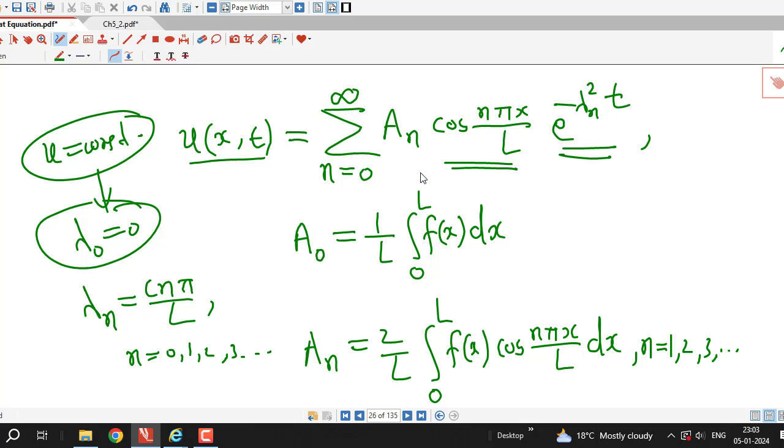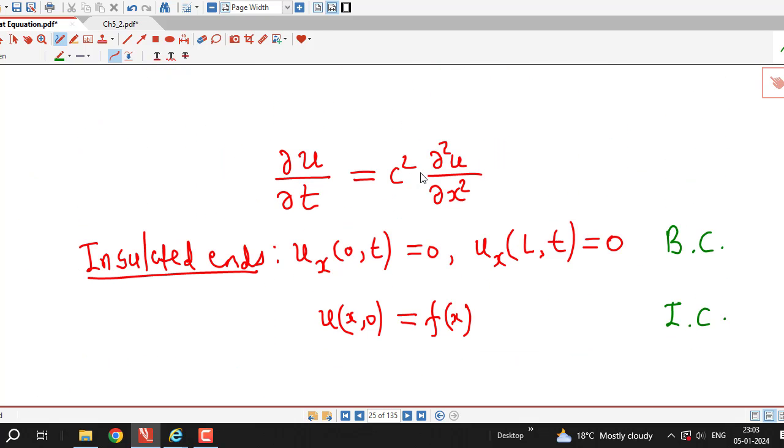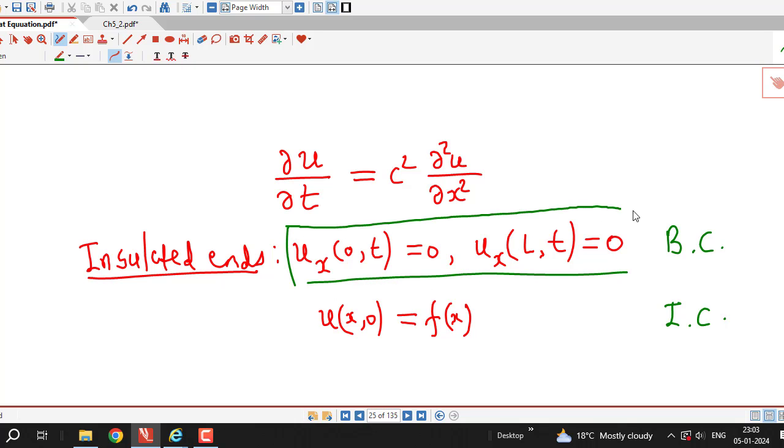So this is the difference, and we must be clear about which type of boundary conditions are given. Sometimes, instead of directly writing the boundary conditions in this form, they can just mention in the question to consider the bar with both the ends insulated with this initial condition and solve the heat equation.